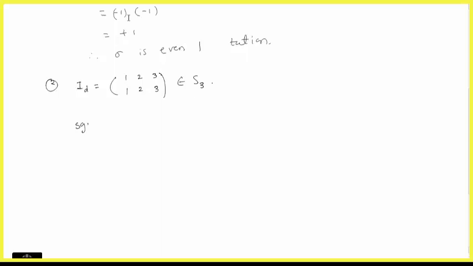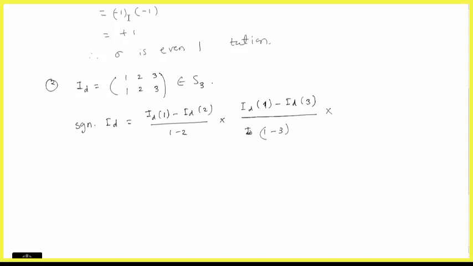Then the signature of this ID is ID of 1 minus ID of 2 divided by 1 minus 2, into ID of 1 minus ID of 3 divided by 1 minus 3, into ID of 2 minus ID of 3, that is the image of 3 under the identity permutation, divided by 2 minus 3.